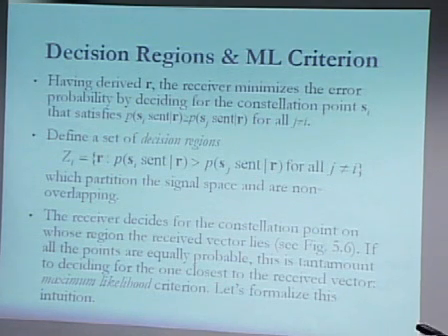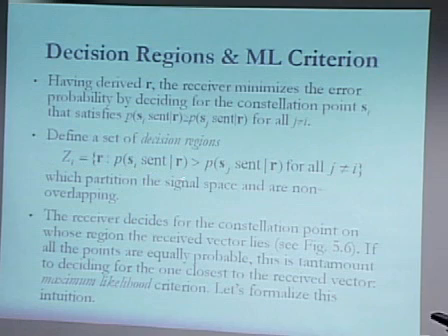The definition of the regions is the ith region contains all the received points for which the probability of that particular S sub i with the same index having been sent is bigger than for all the other points in the constellation. So that's the definition of the ith region.